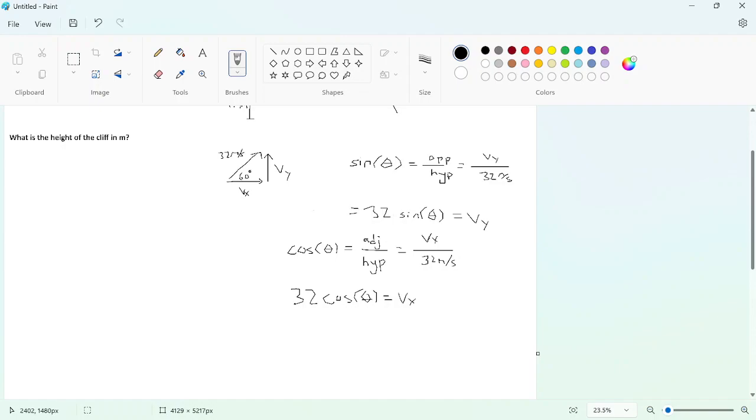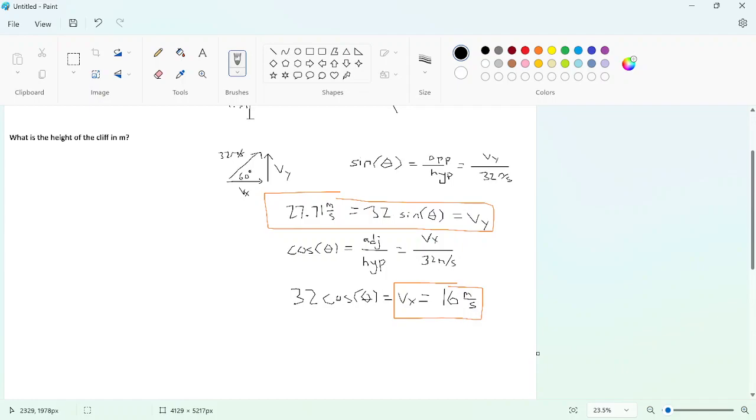So the vertical component is going to be equal to 27.71 meters per second. And the horizontal component is going to be equal to 16 meters per second. Very cool.